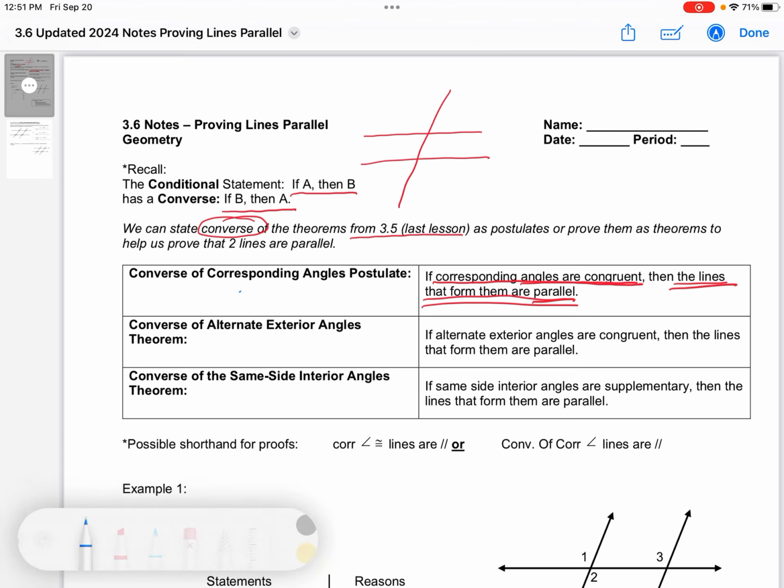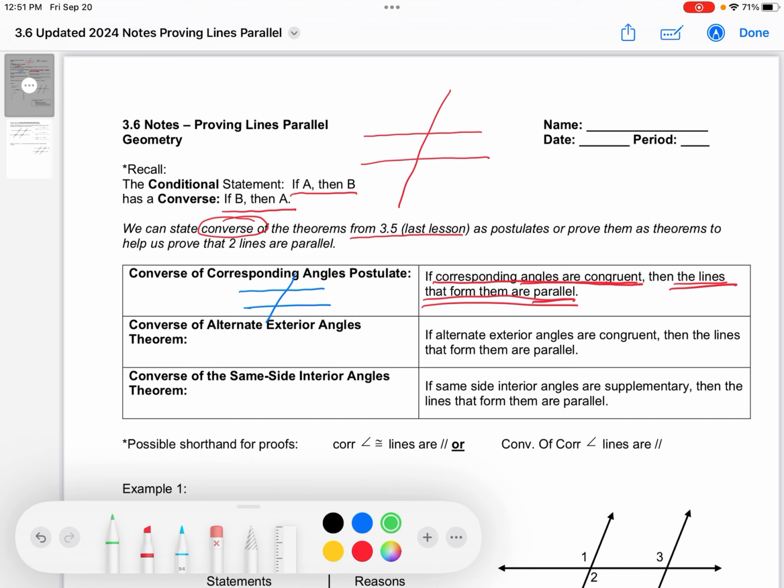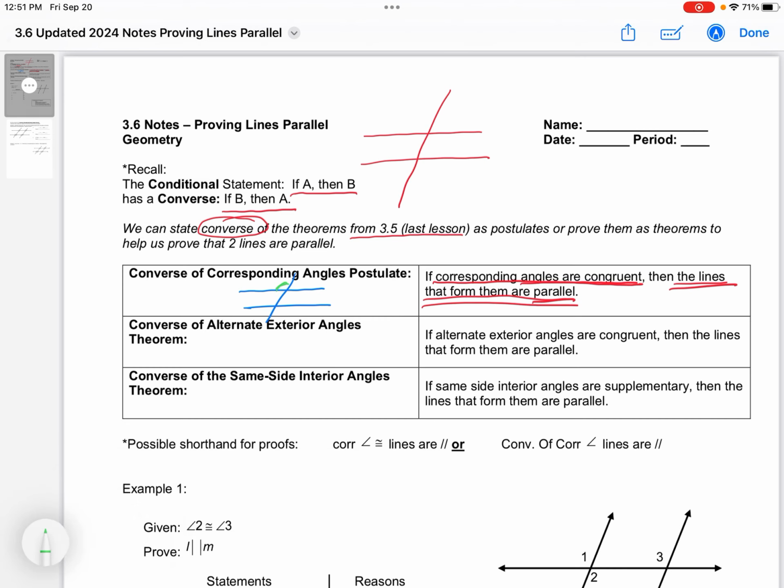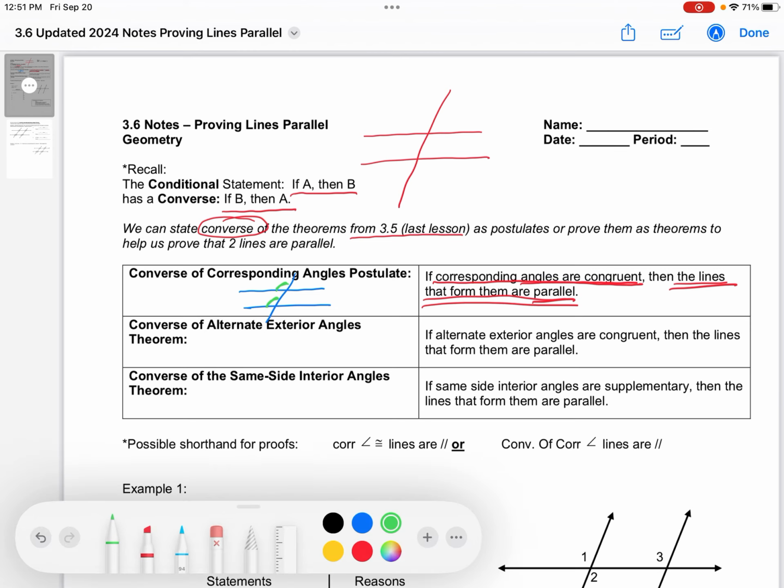So I'm going to draw a little picture right here. If we have corresponding angles, so that would be this one and this one. So if we have corresponding angles that are equal, congruent, then the lines are parallel.